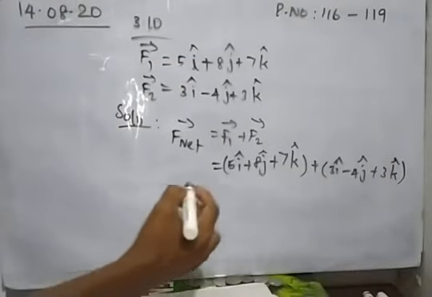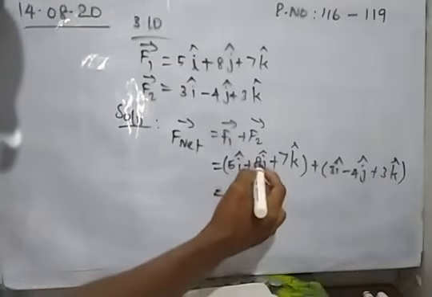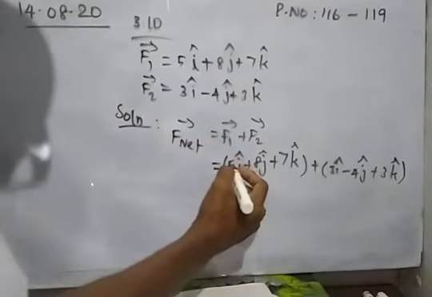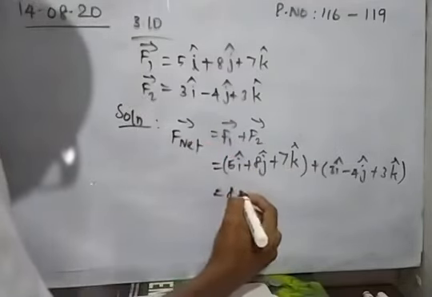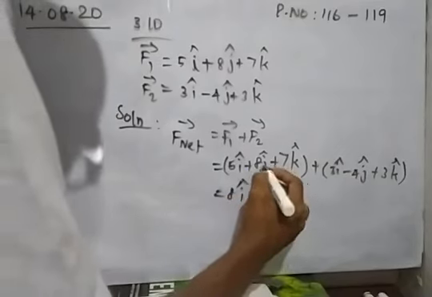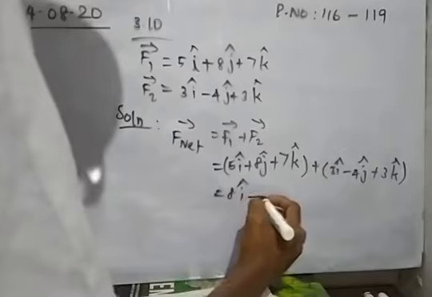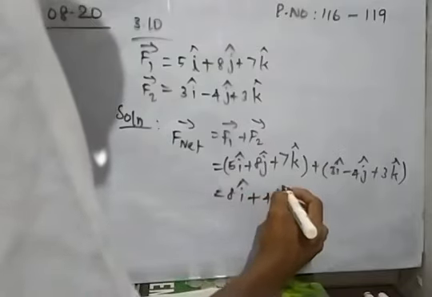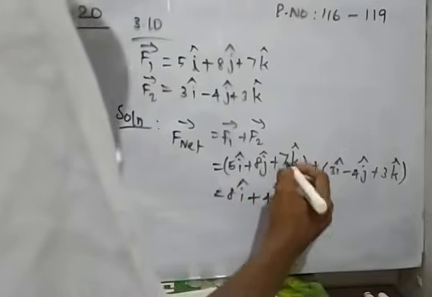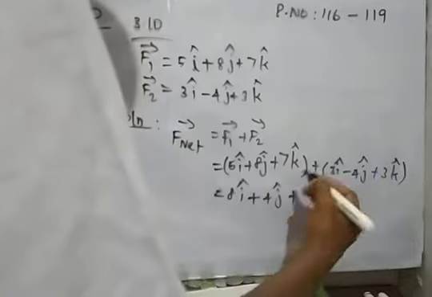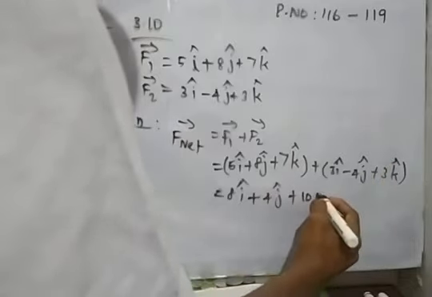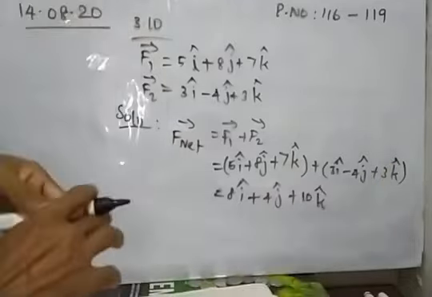We add the corresponding components: 5 plus 3, 8 i cap; 8 minus 4, 4 j cap; and 7 plus 3, 10 k cap. That is the net force.